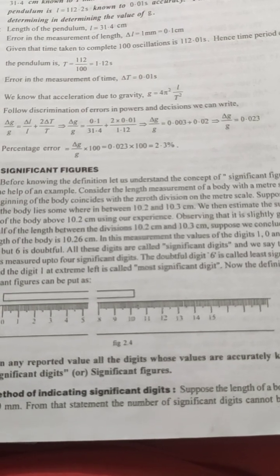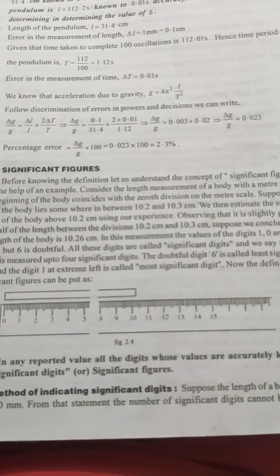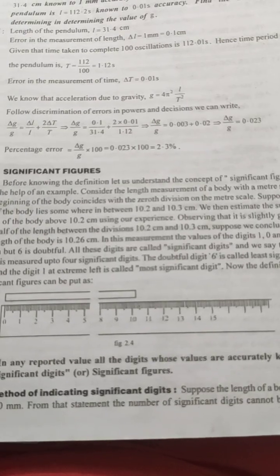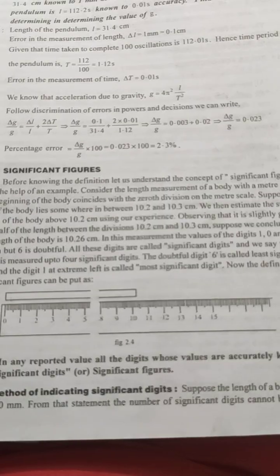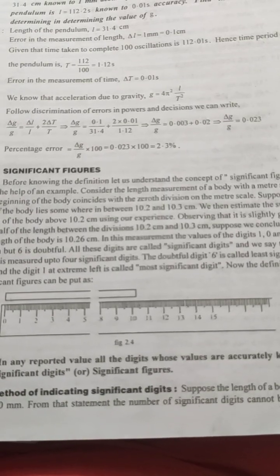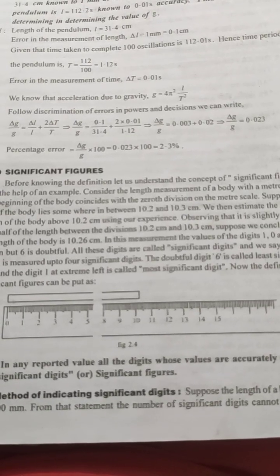We know that the time period is equal to 2 pi into the square root of L by g, but we want g, so we should square both sides. Cross multiplying, g is equal to 4 pi square L by T square. Now, how will we write the relative error?